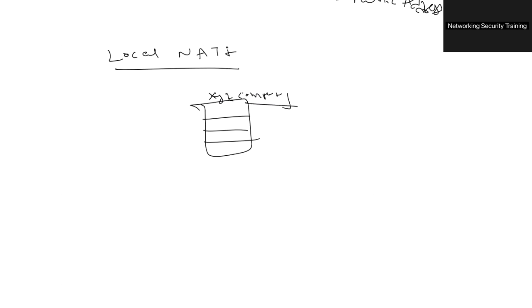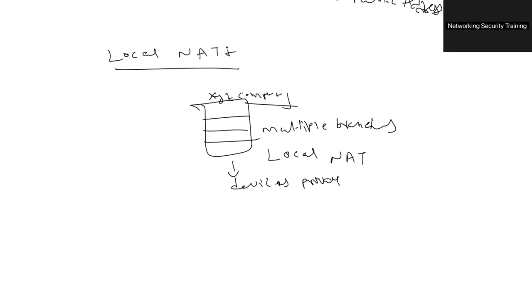Here local NAT ensures that devices with similar private IP addresses, like 192.168.1.x and so on, can coexist without conflict.